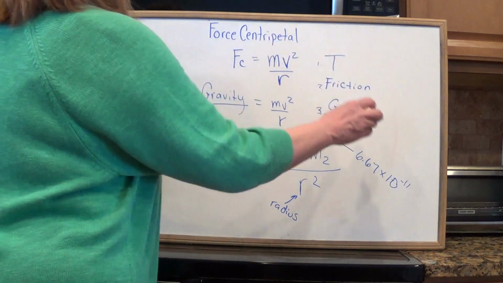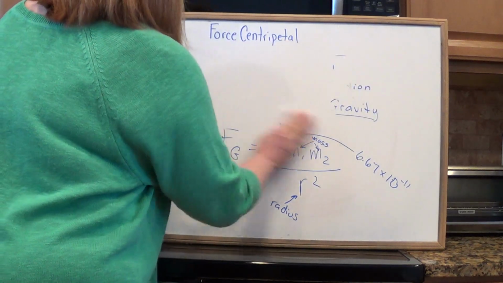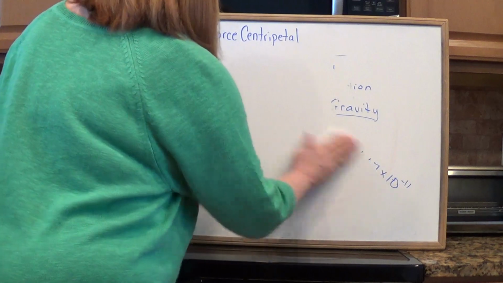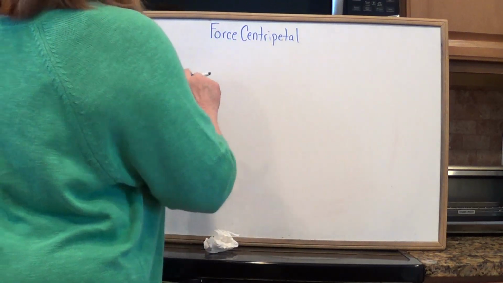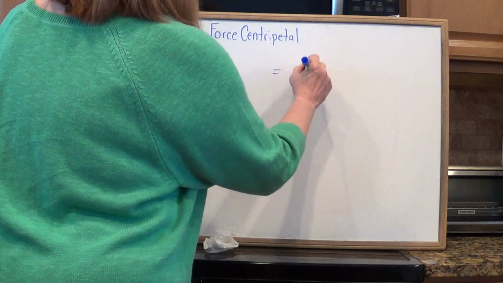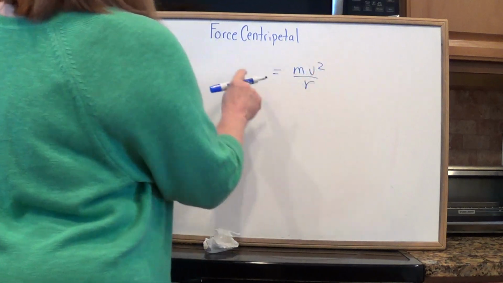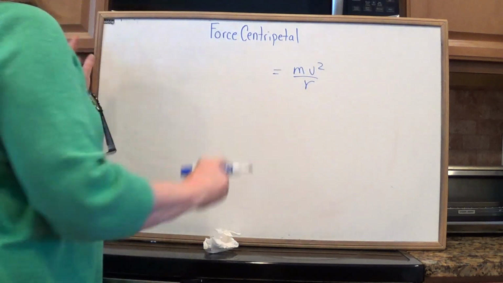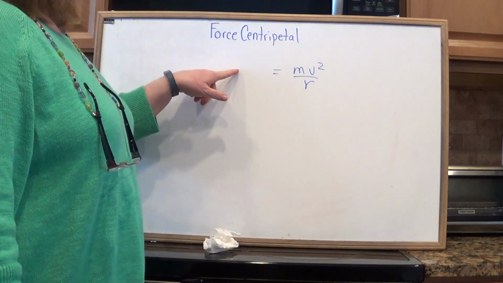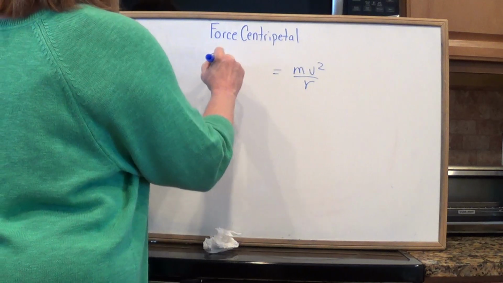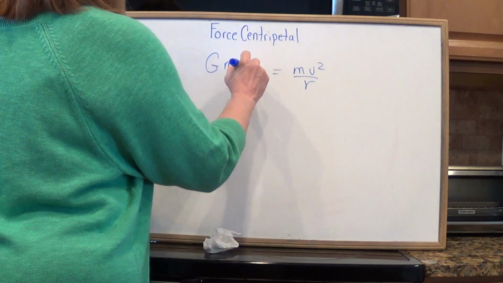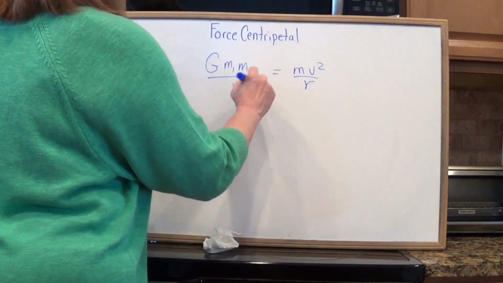So let me combine it and simplify this board with force centripetal. Whereas we did have mv squared over r equals T when it was tension, and it equaled mu k m g when it was friction, now it's G m1 m2 over r squared.